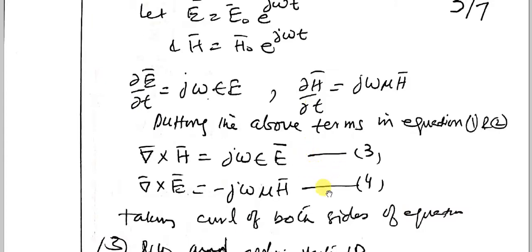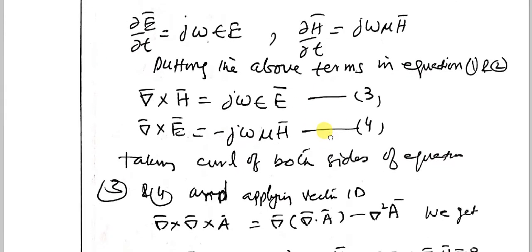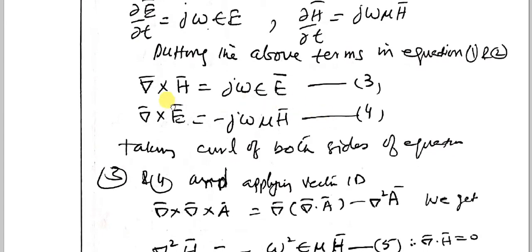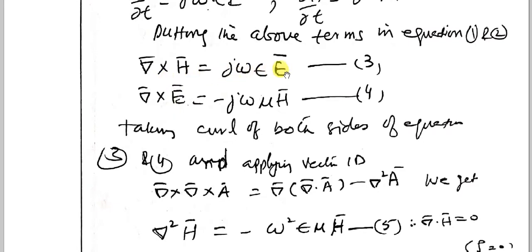Putting those back into equations 1 and 2, we get curl of H equal to j omega epsilon E, and curl of E equal to minus j omega mu H.